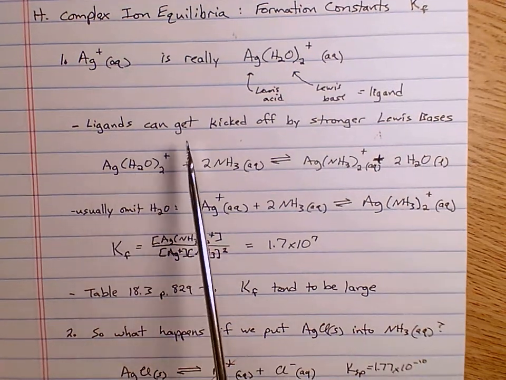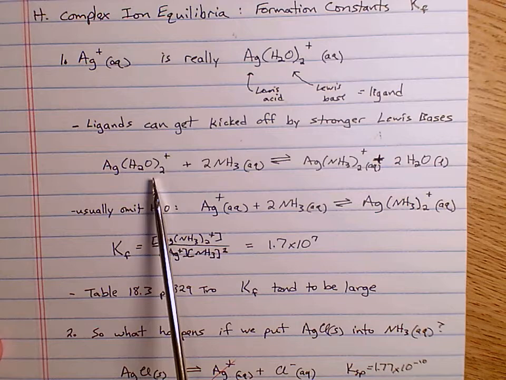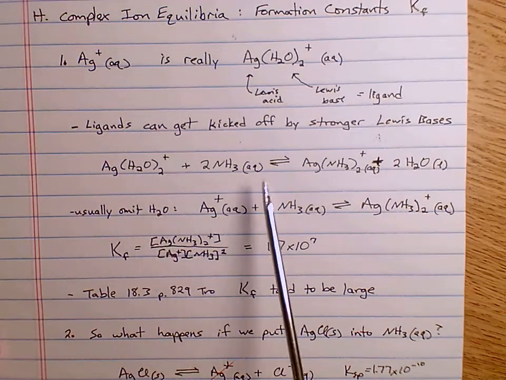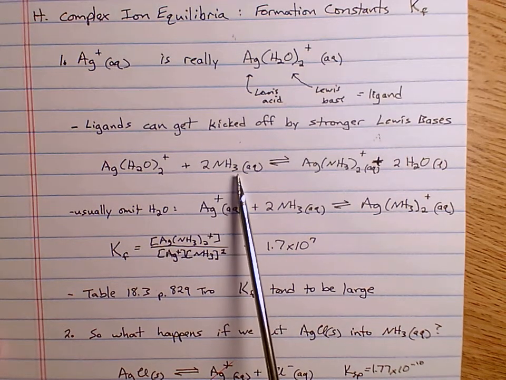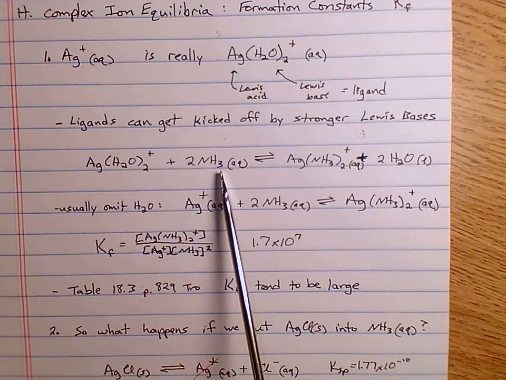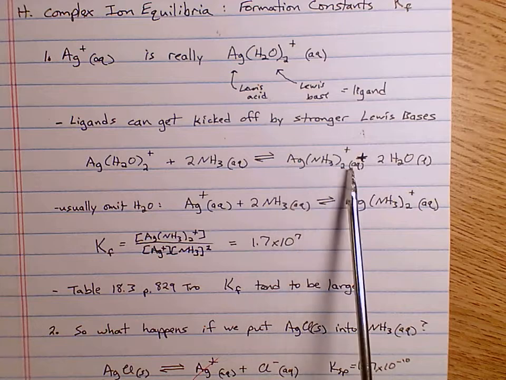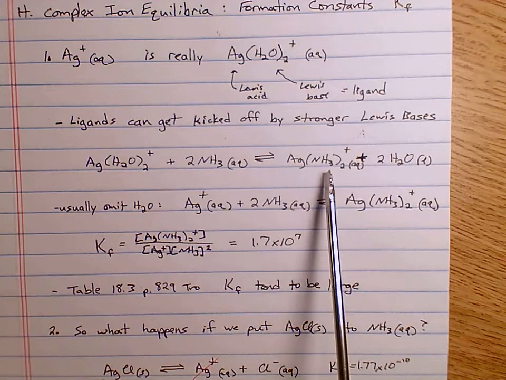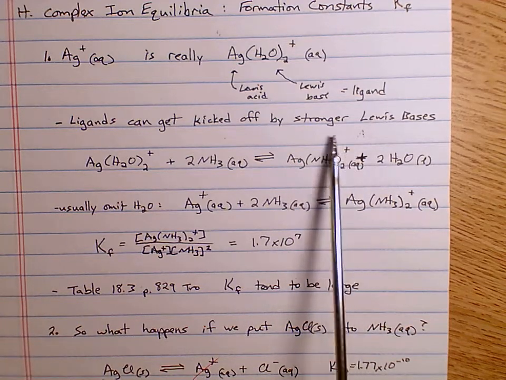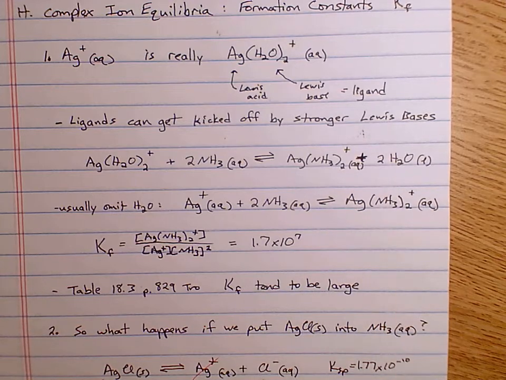So if you have silver with two waters on it, this complex ion, and you put some ammonia in there, the two ammonias, which are stronger Lewis bases than water, will kick off the two waters, and the silver will have those two ammonias on it to make a new complex ion. Because water is neutral, it's just not a very strong Lewis base.